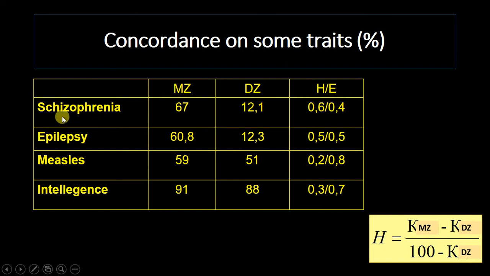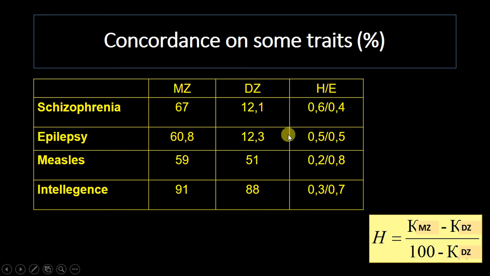And such diseases as schizophrenia and epilepsy: concordance of monozygotic twins is about 60%, and dizygotic twins about 20%.